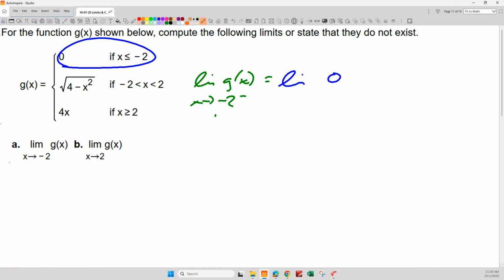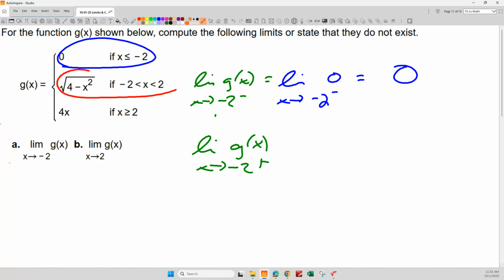So we get the limit of 0 as x approaches, who cares? 0, isn't it? The limit of g of x as x approaches -2 from the right, well, I'm approaching -2 from values bigger than -2. I'd be on that middle piece, wouldn't I? Because I'm getting close to -2, -2 point something.